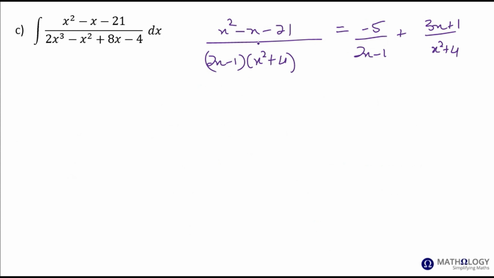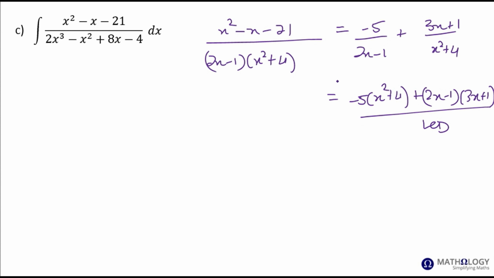So x squared minus x minus 21 over 2x minus 1 times x squared plus 4 is written as minus 5 over 2x minus 1 plus 3x plus 1 over x squared plus 4. We're just going to check that this is in fact correct. Otherwise we'll be wasting our time with the rest of the problem. I'm not going to write down the denominator now.